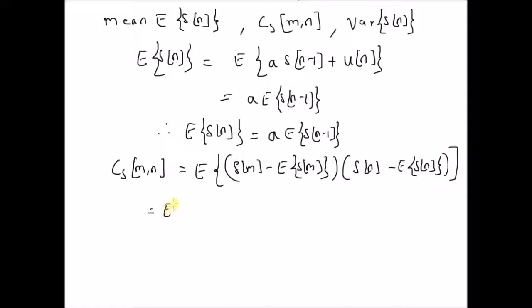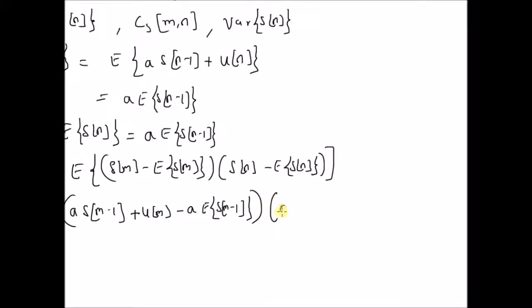And this is equal to expectation of, by using the model for S of n, we have a times S of m minus 1 plus U of m, and the expectation of S of m is given by minus a times expectation of S of m minus 1. So this is the first difference. The second one is a times S of n minus 1 plus U of n minus a times expectation of S of n minus 1.